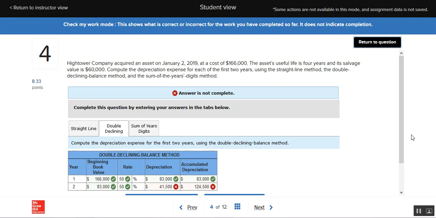Because we're going to recover that money. So when we're depreciating this asset, we can only depreciate the $166,000 less $60,000, which we're going to recover. So only $106,000 of this asset is really an expense to us. So let me return to the question.